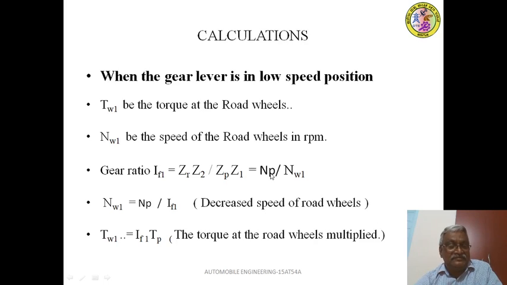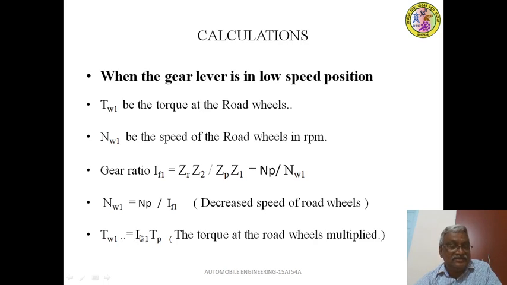That is equal to speed of driving shaft divided by speed of driven shaft. NW1 means speed in the first set, that is, NW1 equals speed of propeller shaft divided by IF1. This is one set of gear ratio. By this we will get the decreased speed of road wheels.